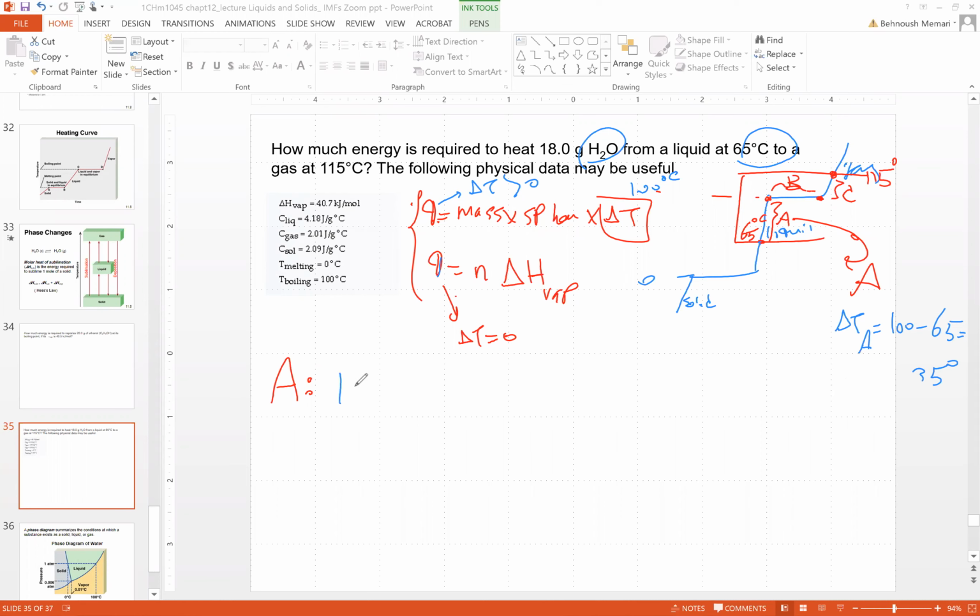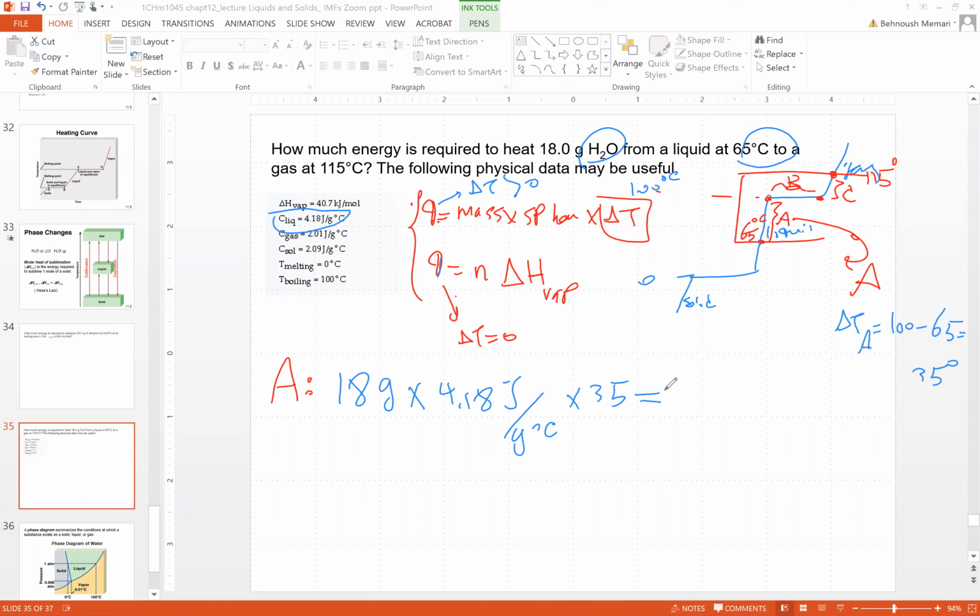Mass is given to me as 18 grams times the specific heat for water, for the liquid part, which is 4.18 joules per gram per degree Celsius. And then delta T is calculated as 35.